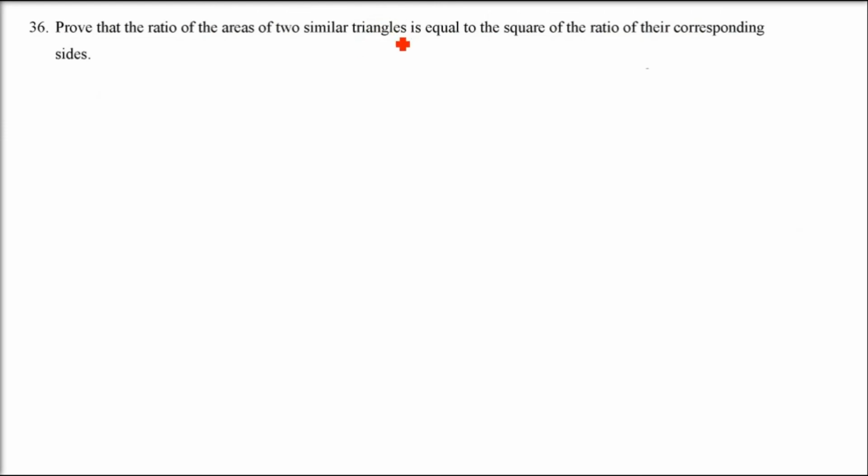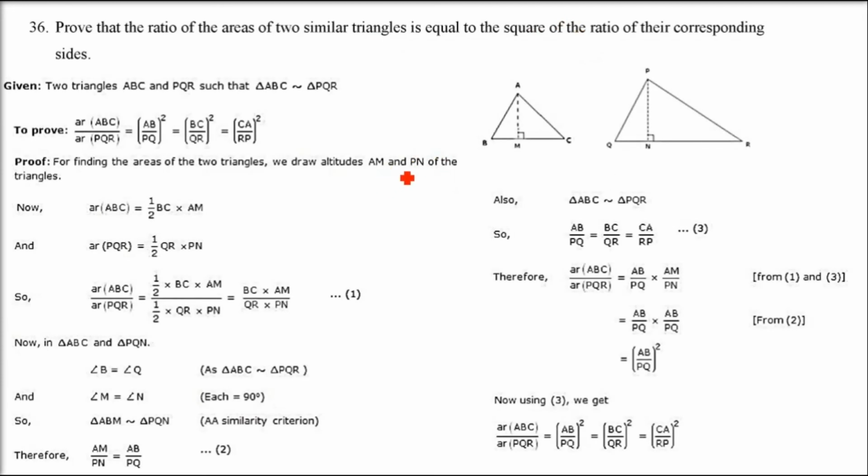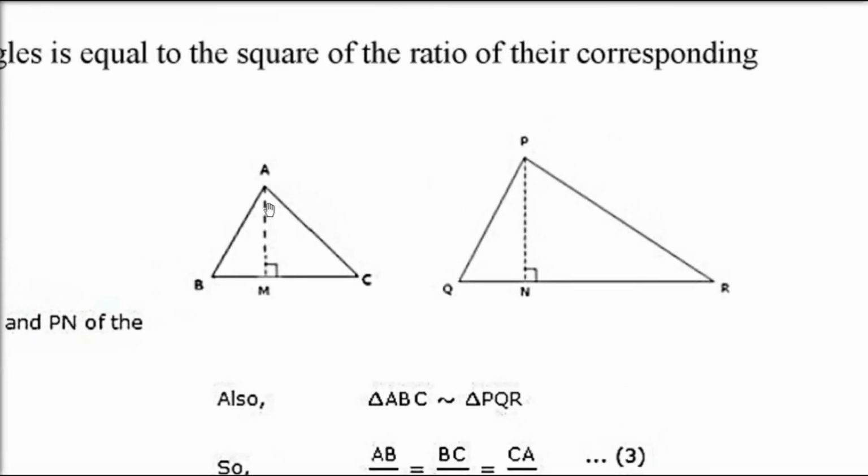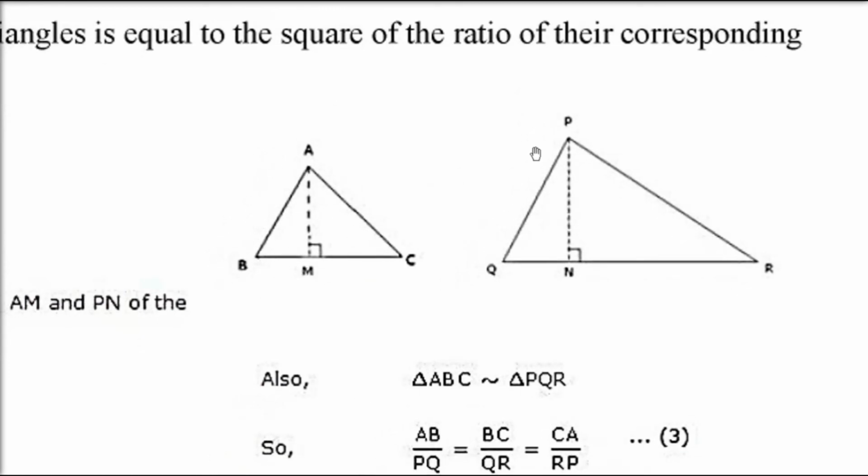Prove that the ratio of the areas of two similar triangles is equal to the square of the ratio of their corresponding sides. So now there are certain things we need to understand first. First of all, the ratio of the areas of two similar triangles. So there are two similar triangles, ABC and PQR. We will take ABC and PQR, and then first of all we will draw the perpendicular.